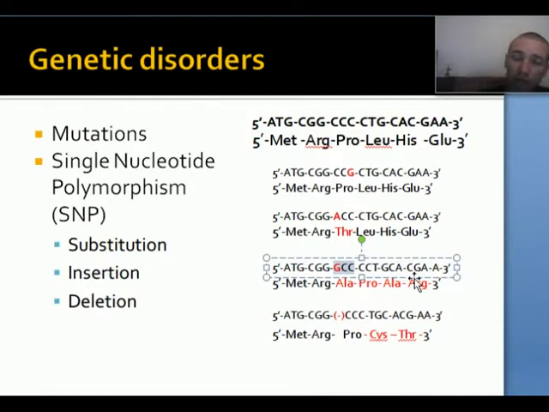because the codons, all of them are moved. So this codon here no longer translates for leucine but for proline, that is another amino acid, and so on until it ends.